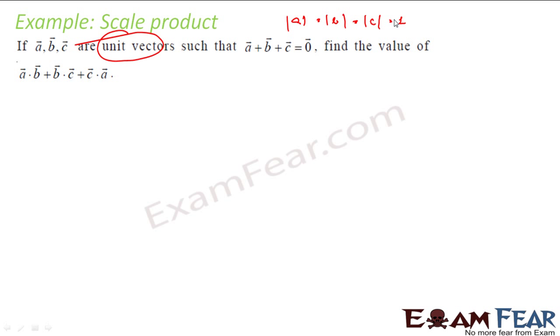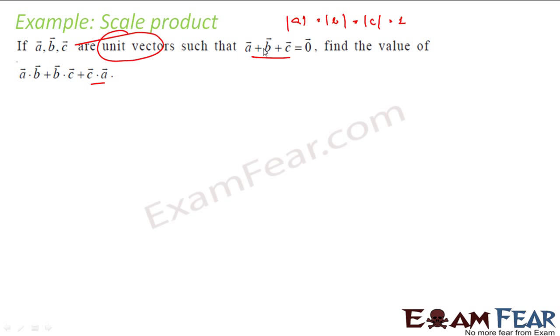Now, I have to find the value of a dot b, b dot c and c dot a. How can I find it? I am told that a plus b plus c is equal to 0. I have to get these kinds of values, a dot b, b dot c, c dot a. If we multiply this with a, what I'll get is a dot a, a dot b, a dot c.